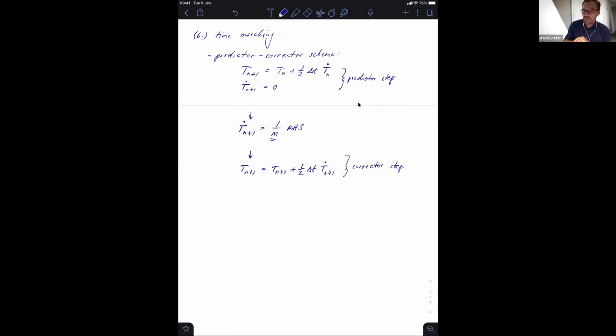So something that we always look for in these schemes is how can we shrink down the memory requirement, for example. If you can do it with 2 fields rather than 5 fields, then that's more convenient numerically. So that's why, for example, here we went over to predictor corrector schemes.